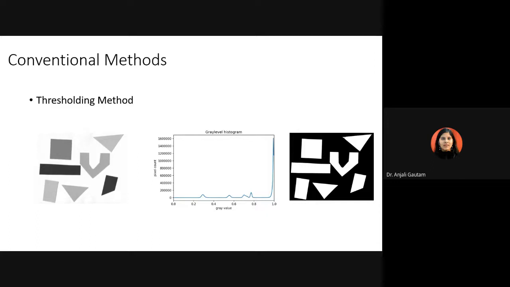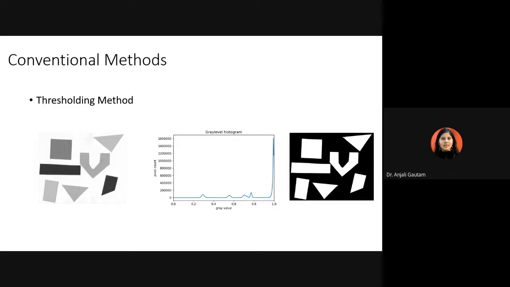What are there? Basically, in earlier times, if people wanted to do segmentation or any kind of task, they would perform thresholding operations. They take the input image and, on the basis of that image, generate its histogram.